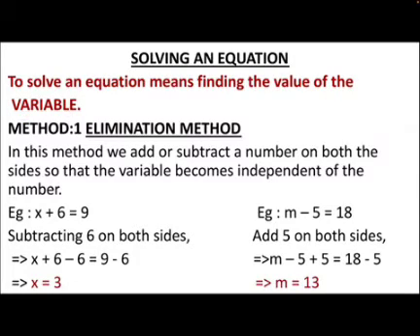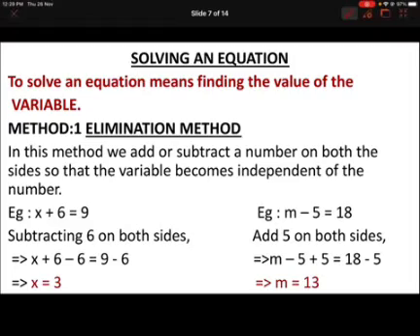Okay, so in this you have various methods. The first method is the elimination method, children. In this method we add or subtract a number on both sides, that is LHS and RHS, so that the variable becomes independent of the number.